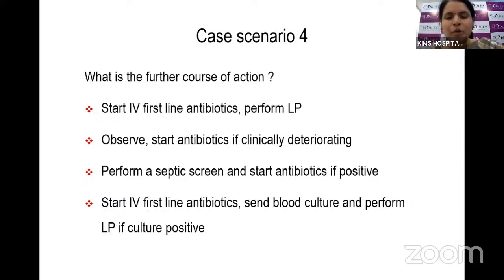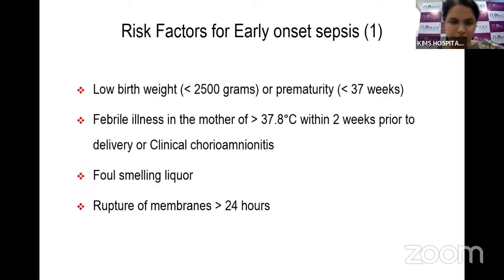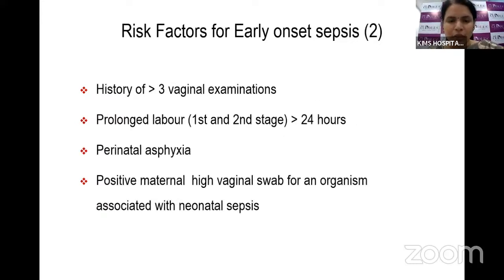Would you start IV antibiotics and perform LP? Would you observe this baby and start antibiotics only if there is clinical deterioration? Would you perform a sepsis screen and start antibiotics if it comes back positive? Or would you just start antibiotics after sending the culture and perform LP if the baby's culture comes back positive? Now let's see the answer to this question.